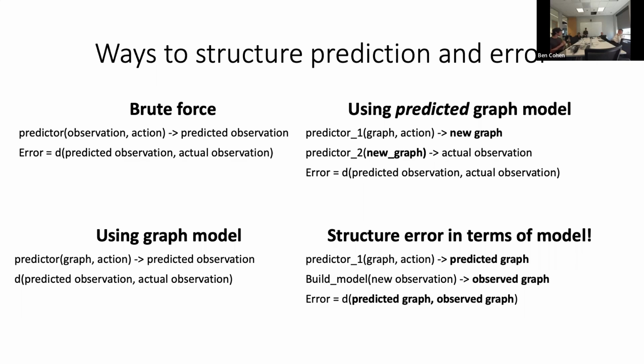Then you say predictor number 2. It's just a graph. How do you distinguish predictor 1 and 2?